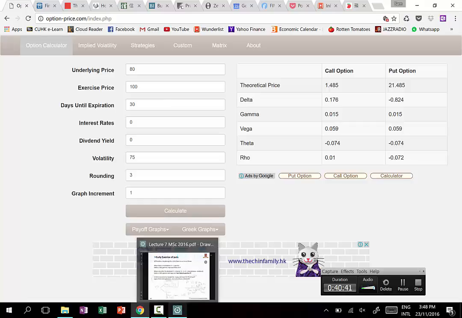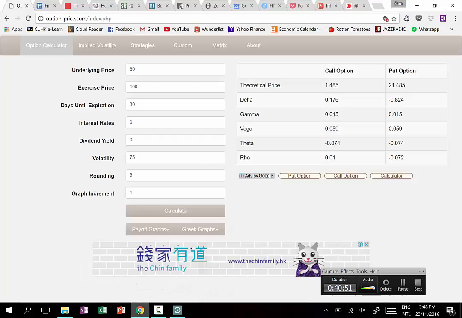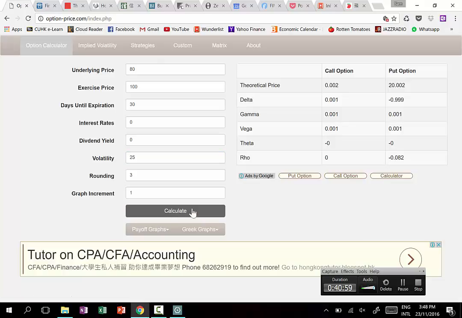If we had a scenario like that, and you are a trader and you thought you could see it coming, and you see that there is a put that's $20 in the money being priced at $20, would you buy it?